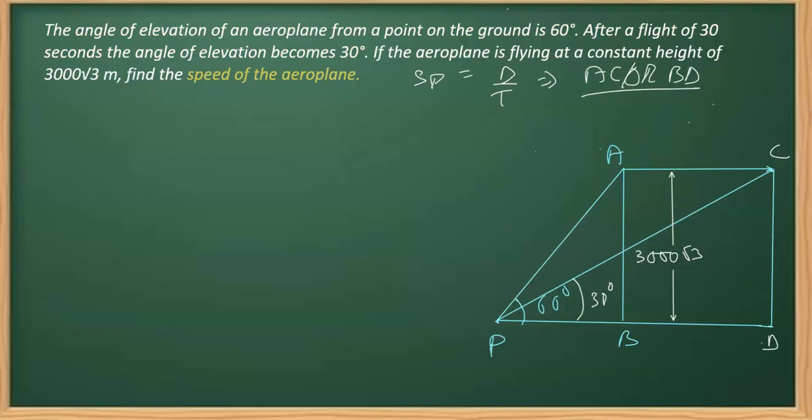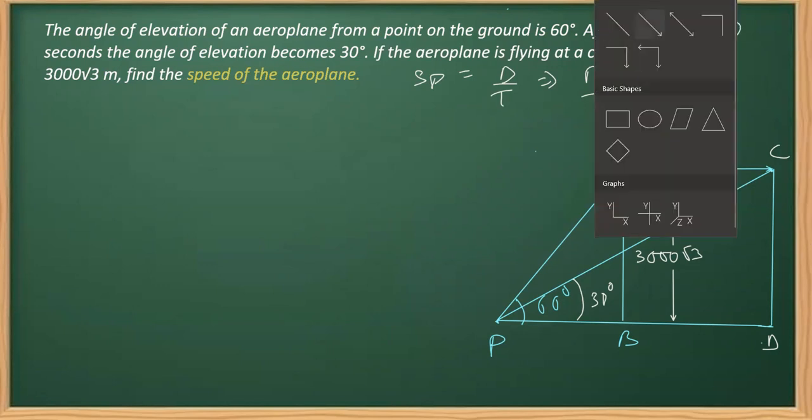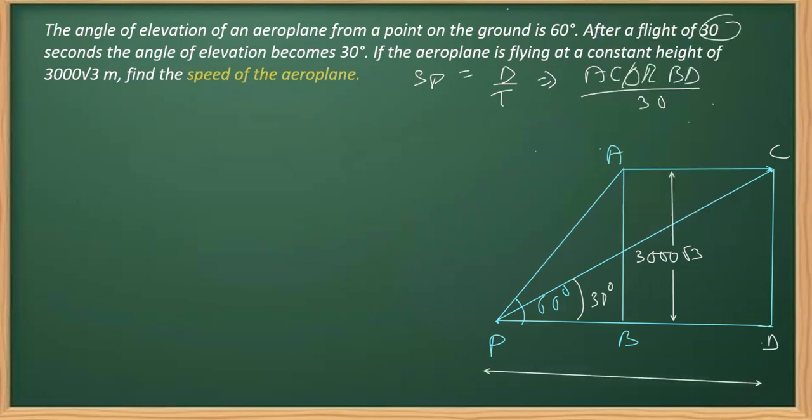And the time is mentioned as 30 seconds. So that means we need the length of BD. And as you can see, we can get the length of BD if we first get the length of PD, from which we are going to subtract the length of PB.